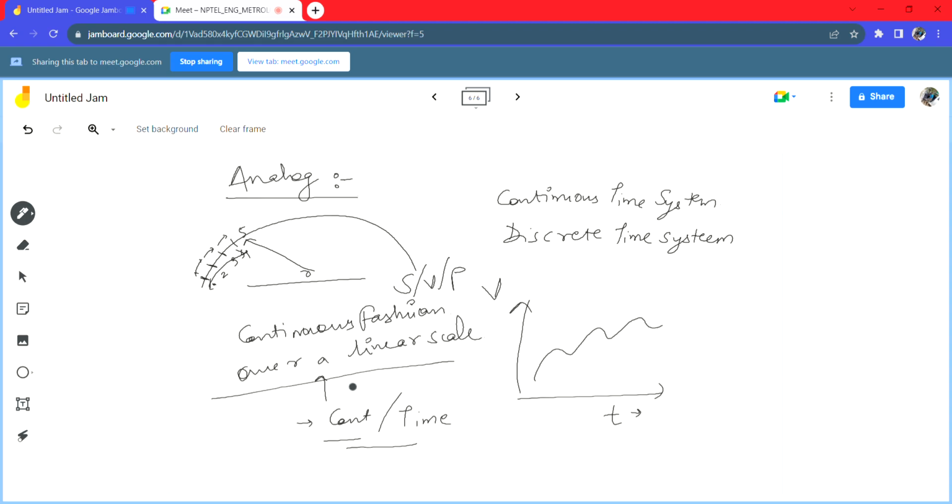So the two basic common types of system, as you said also, are the deflection type instruments, and the other is the null type instruments.